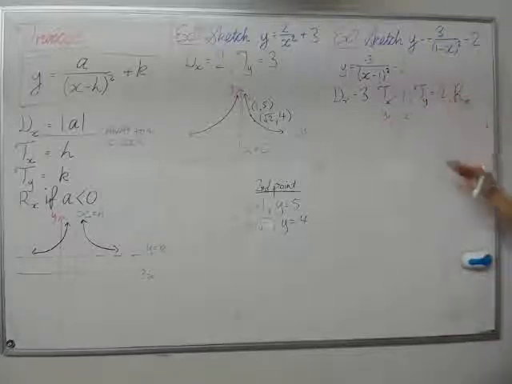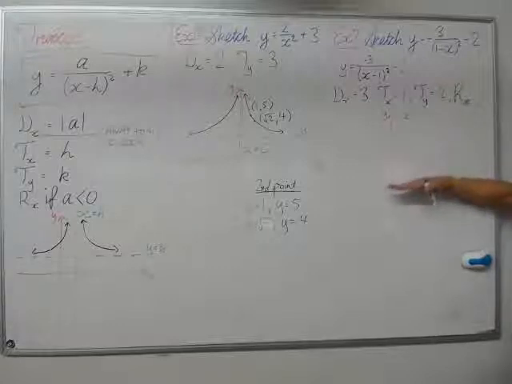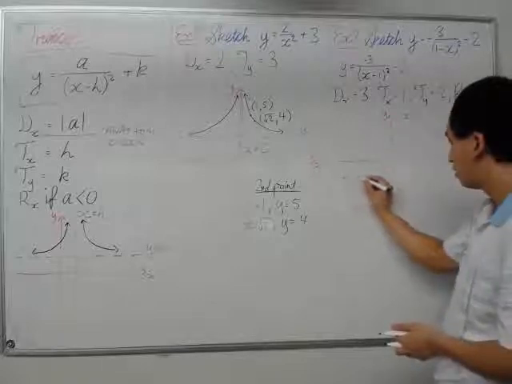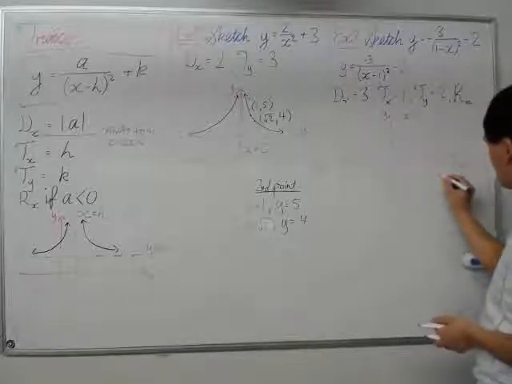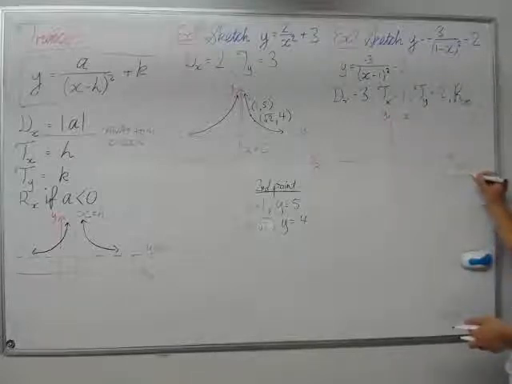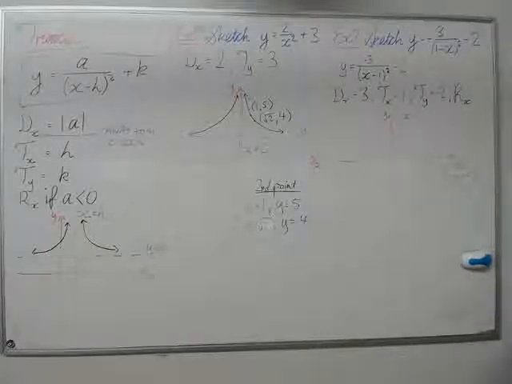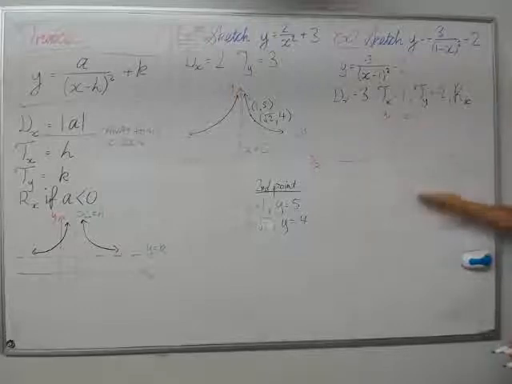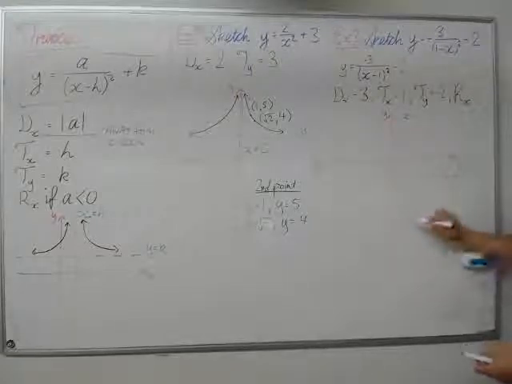Translating 2 units down, so the horizontal one goes from y equal to 0 to y is equal to negative 2. And we're going to be reflecting this in the x-axis. So instead of having 2 curves up here, we have them down here in the bottom 2 quadrants this time. Okay, so it's going to look something like this.